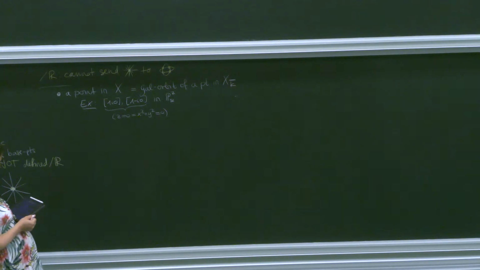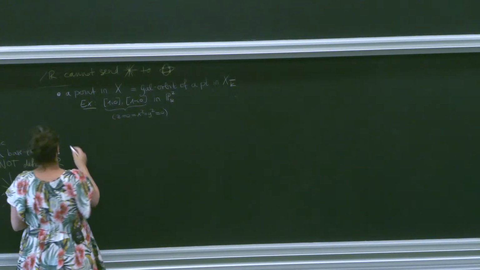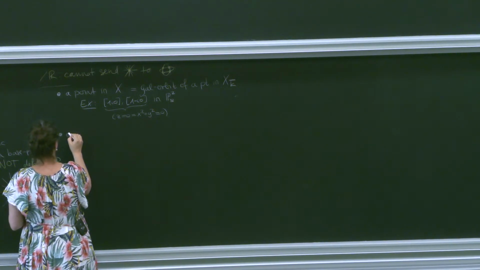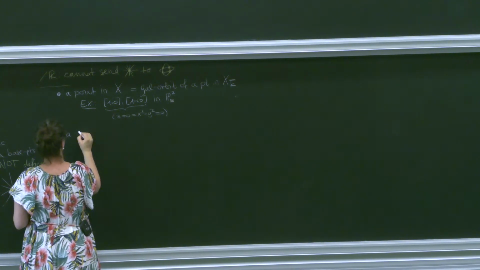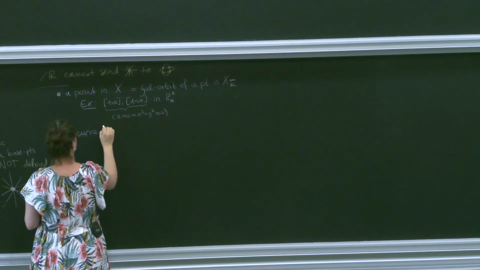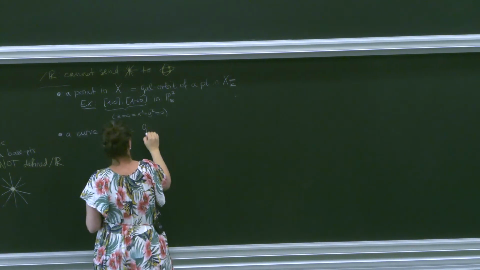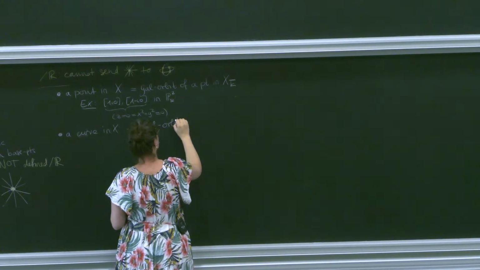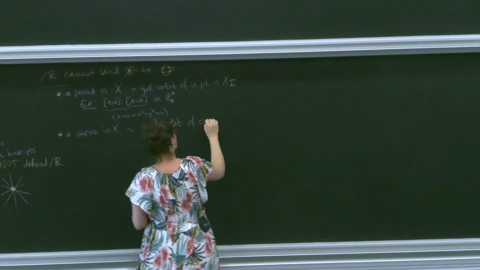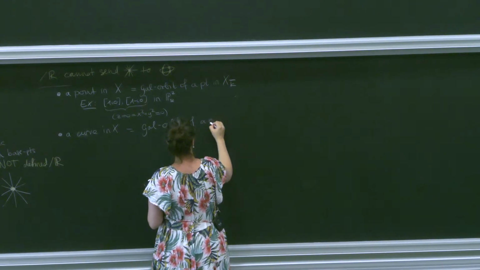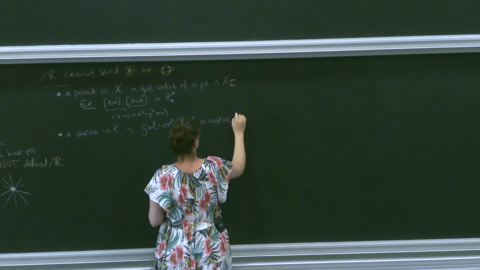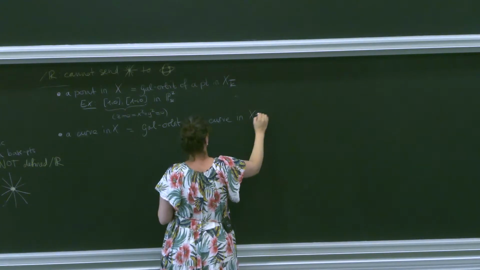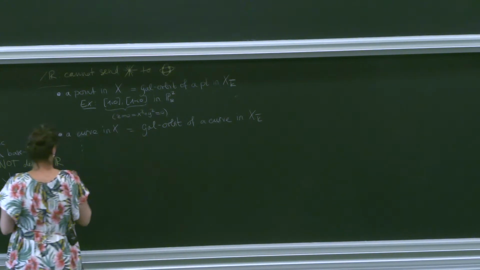And then again, the same for curves. So a curve in X is a Galois orbit of a curve in X_k̄, and so on.